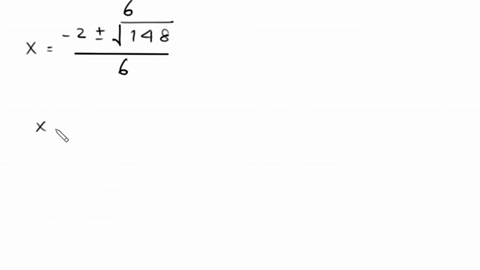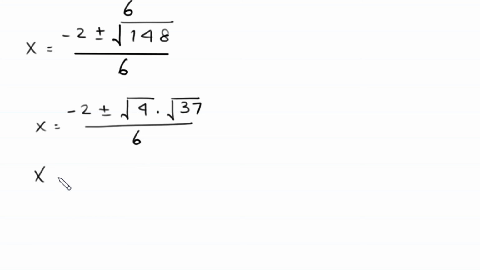Next, x is equal to negative 2 plus or minus root 148, which can be written as root 4 times root 37, divided by 6. So x equals negative 2 plus or minus 2 times root 37 divided by 6.